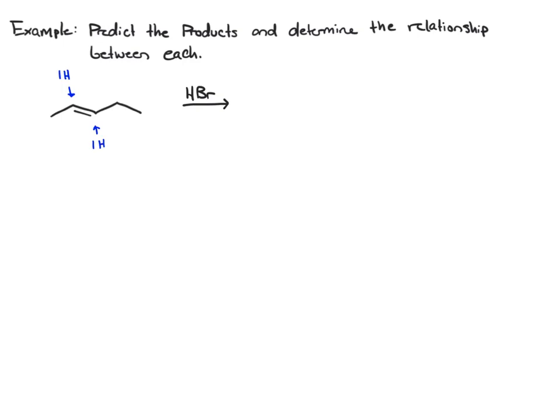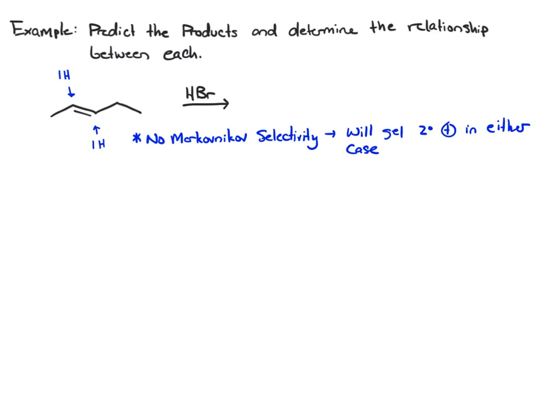There's no Markovnikov selectivity. Meaning it doesn't matter which carbon you add the hydrogen to, you'll end up with a secondary carbocation on the opposite side. So that means you're going to get more products than you normally would when you have Markovnikov selectivity. So see if you can write out the products for this.